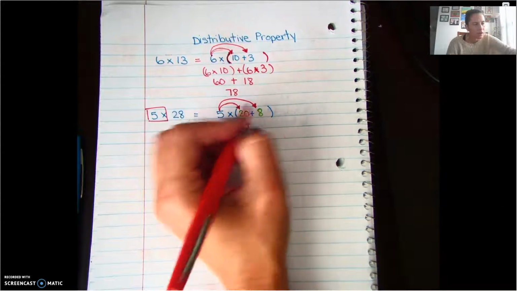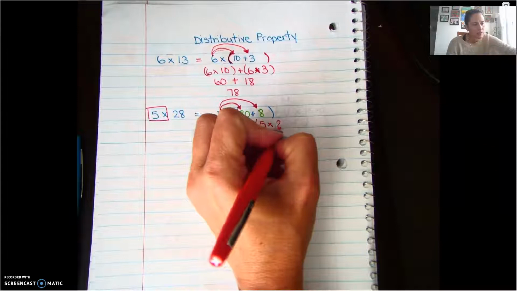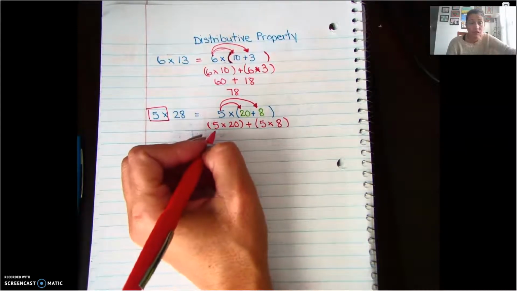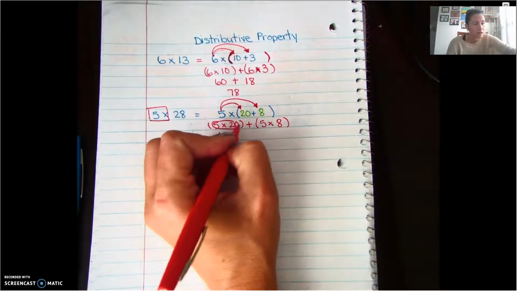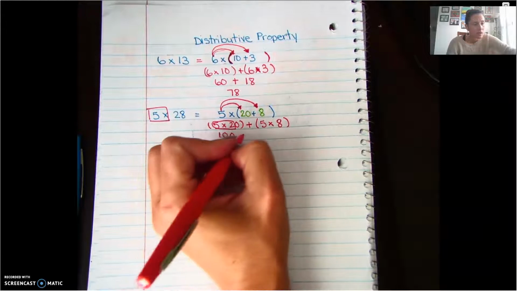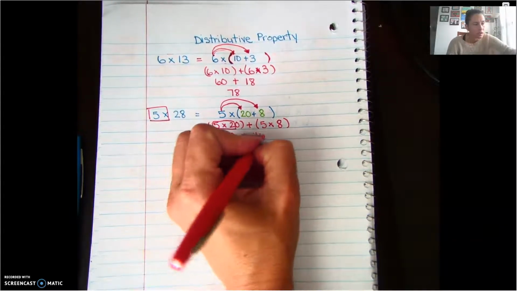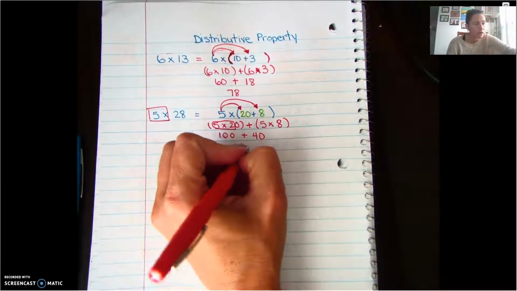Distribute my 5 over here, 5 times 8. So the trick that I've learned, 5 times 2 is 10, add my 0, so that's 100, plus 5 times 8 is 40, and 100 plus 40 is 140.